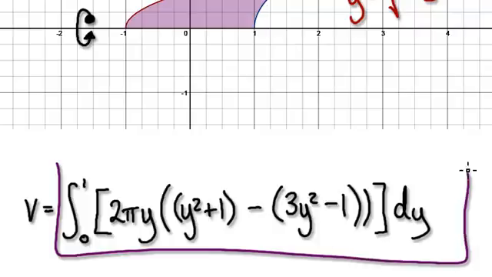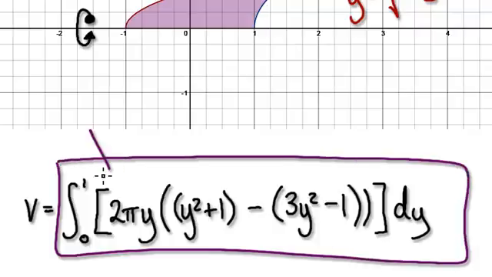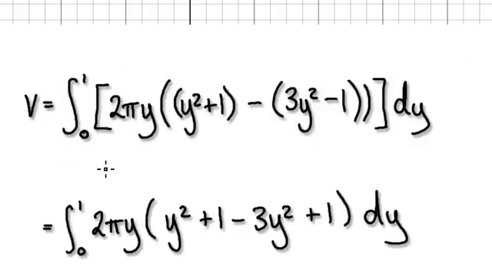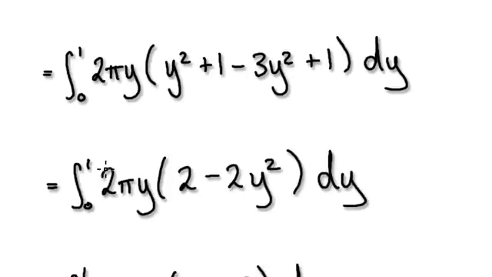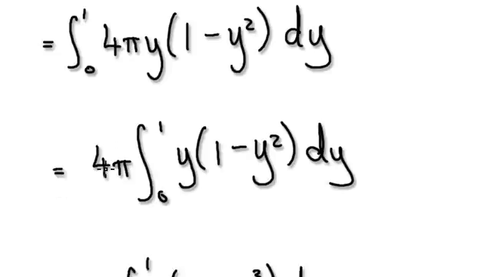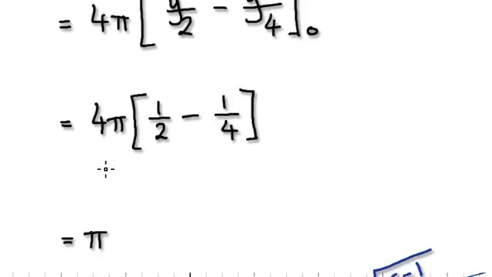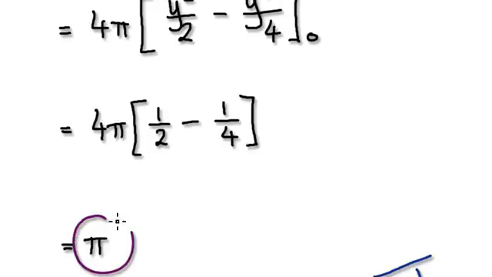So the volume will be you evaluating this whole thing. So now evaluate it and tidy up, and overall the volume here will be pi times the result.